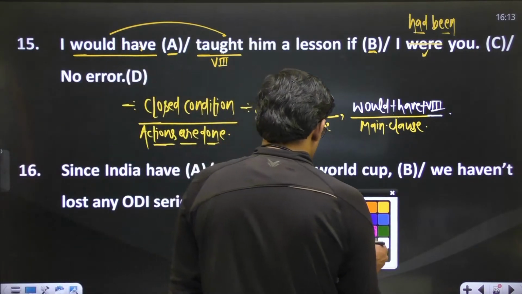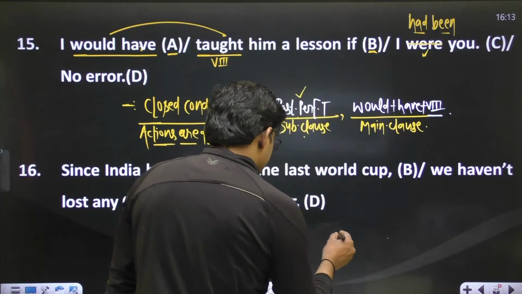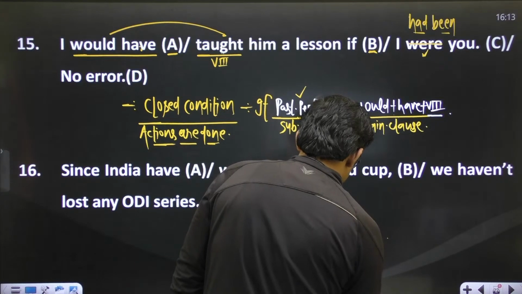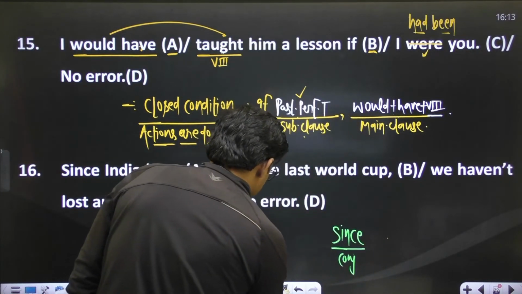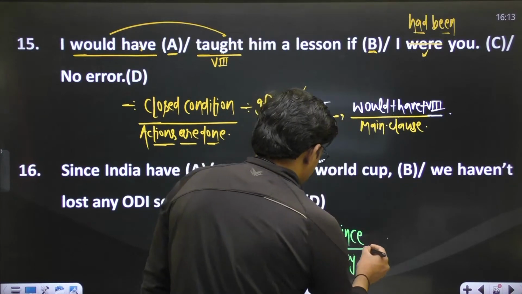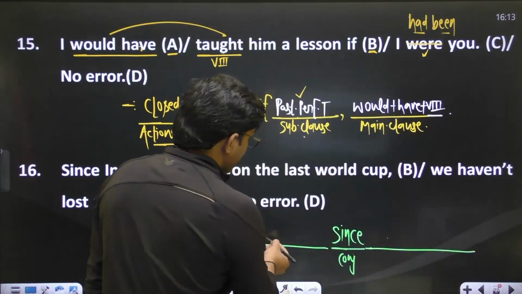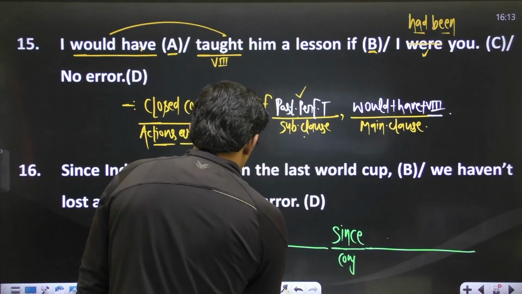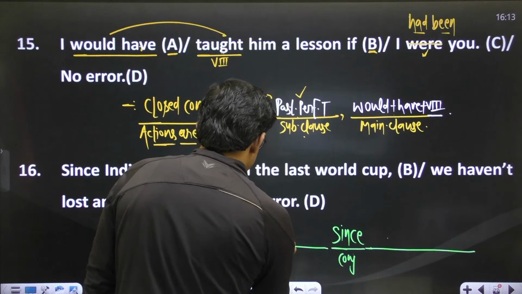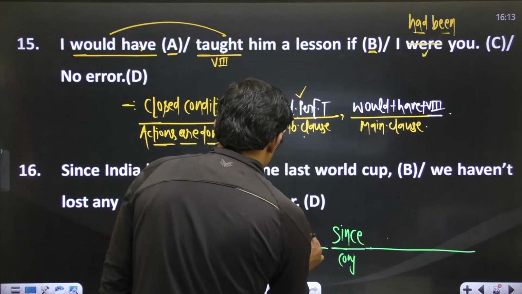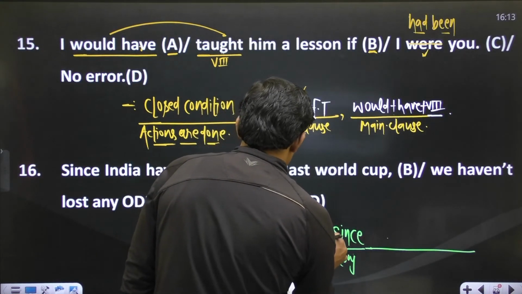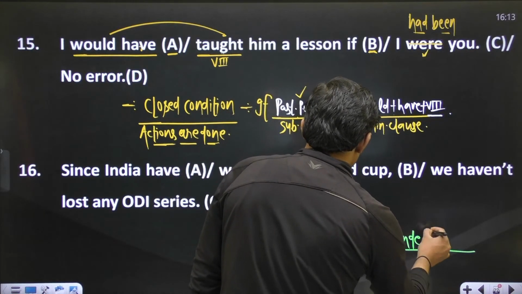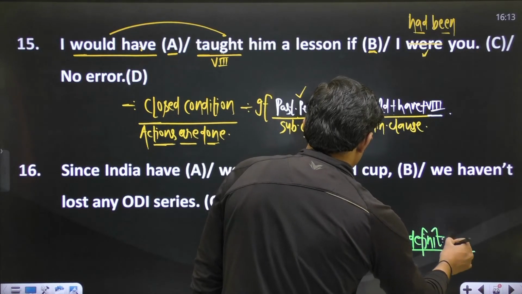In this sentence, the concept is, if you get this conjunction since in the middle of two different clauses, this one is the first clause, this one is the second clause, make sure we always use present perfect tense before since, and after this conjunction since we use past indefinite tense, right? So this is the combination of present perfect and past indefinite tense.